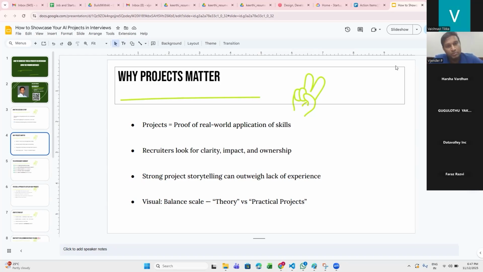That's why projects are most important in today's world, because AI started just a few years ago, and most people have a similar kind of experience. The people who know versus those who don't can be clearly segregated based on the projects they work on, because it gives the interviewer a chance to ask specific questions based on projects that have been done.